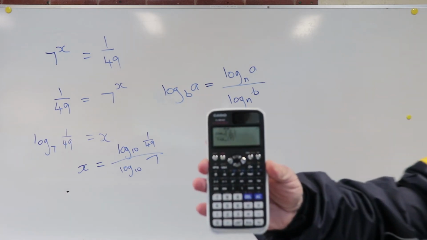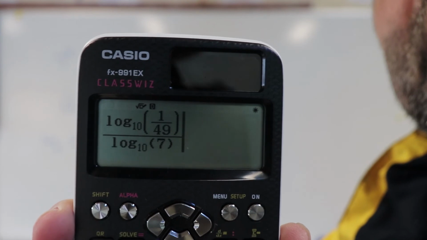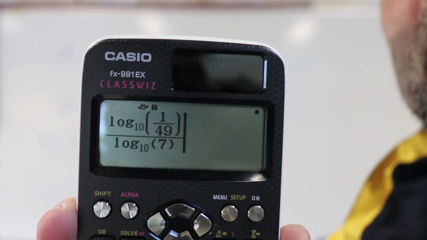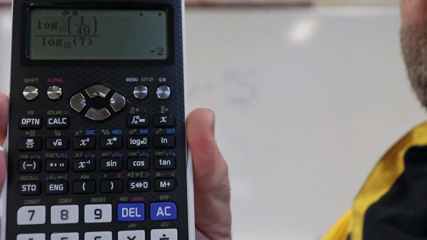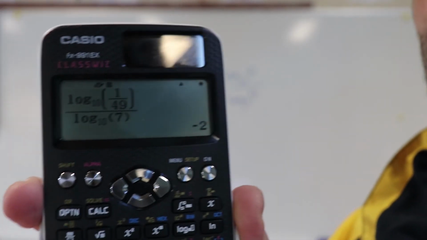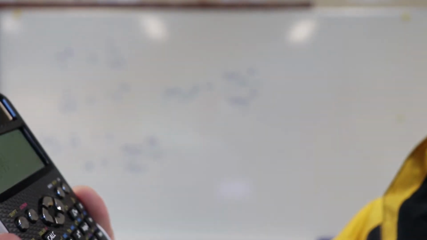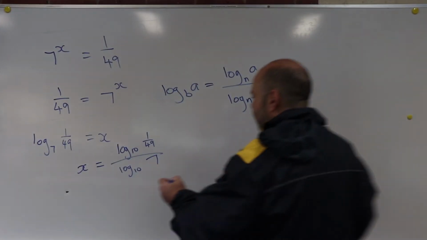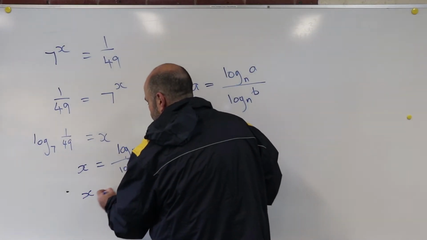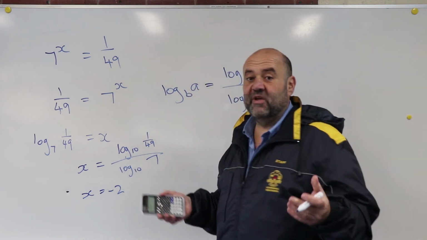Okay, so I've just entered it, as you can see there. And we press equals. And our answer is -2. So x here is -2. That's it, job done.